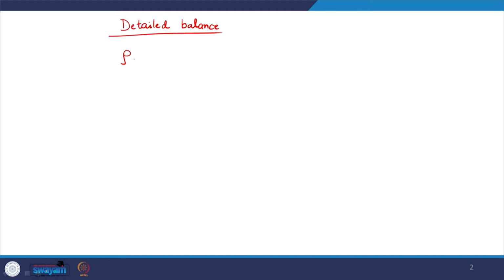That is, the number of states going from m to n, that is given by the probability density of state m multiplied with the transition probability pi mn, that should be equal to the number of states going from n to m, that is rho n multiplied with pi nm. So let's choose a pi mn value and see whether it satisfies this.